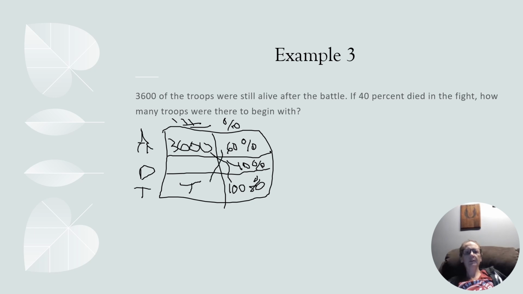So I have total times 60%, so 0.6 T equals 3,600 times 100%, which is 3,600 times 1, basically. So we're going to divide by 0.6. So 3,600 divided by 0.6 is 6,000.